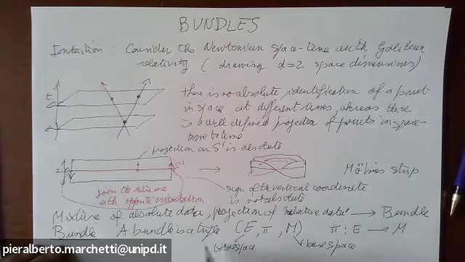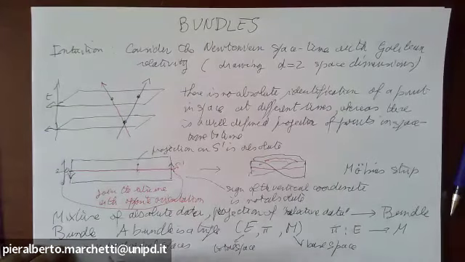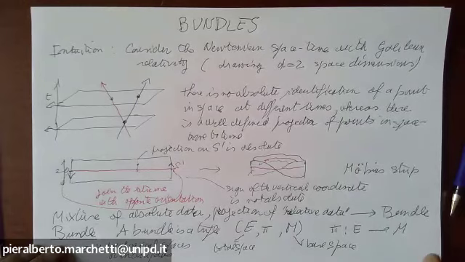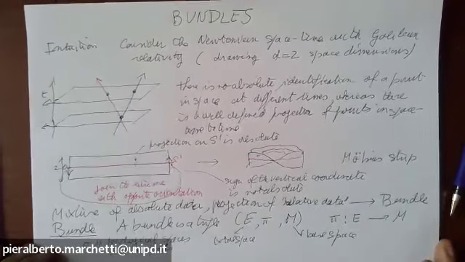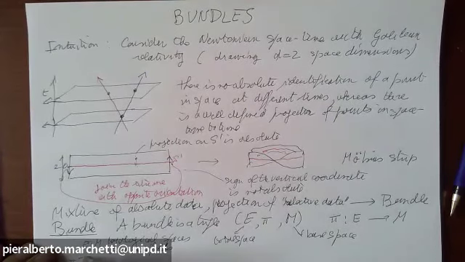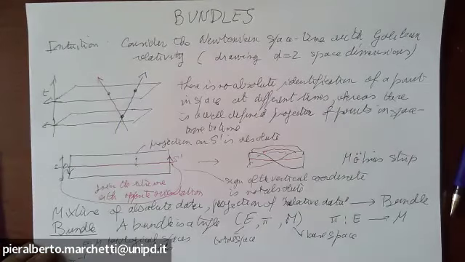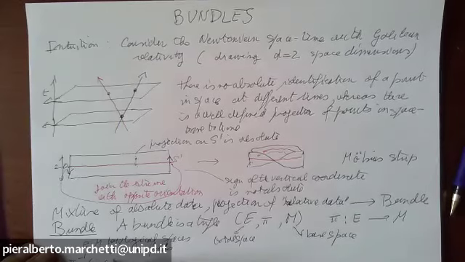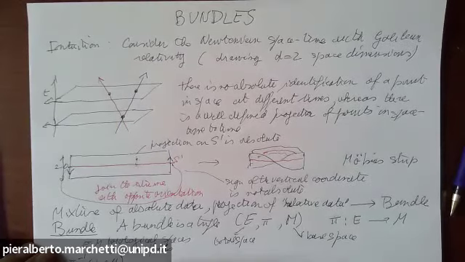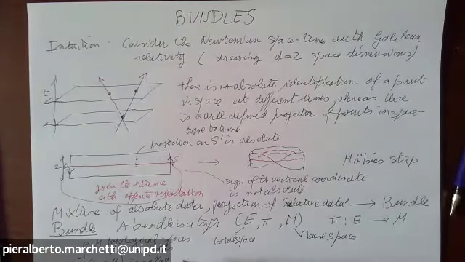In general, E and M could be topological spaces or manifolds. And this is the idea of the bundle. And if you consider the inverse image of a point in the base space, it's called a fiber, the fiber at P.